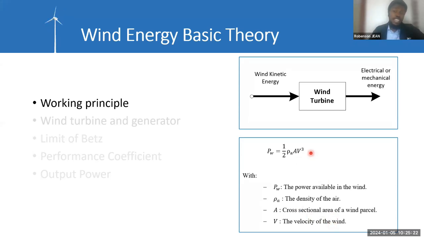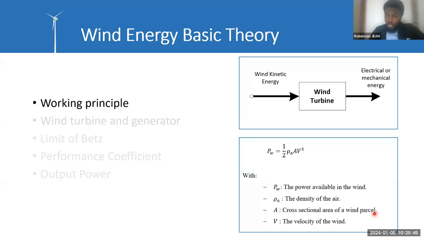So if the wind speed is higher, this control volume may contain more power. And if the density of the air is higher, the value of the power will also be higher.